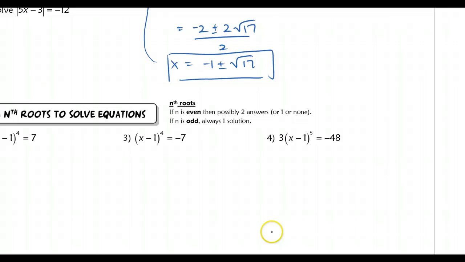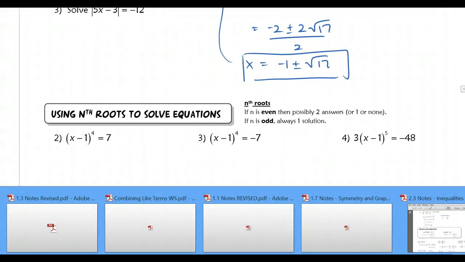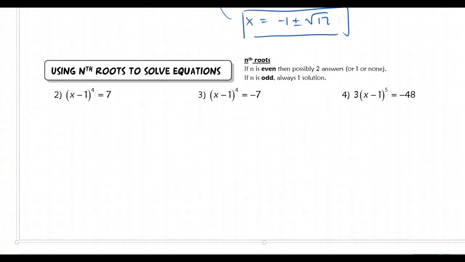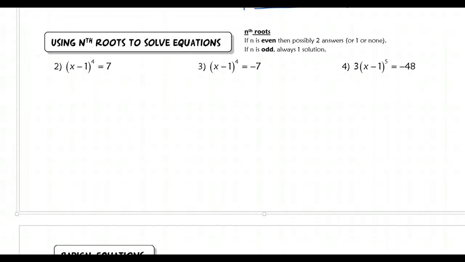Okay, now the next section here is solving equations using nth root properties. Off to the side here, we're going to come back to this little part here. I just want to solve number 2 here by getting x by itself. So if I have x minus 1 to the 4th power equaling 7, I'm going to take the 4th root of both sides.